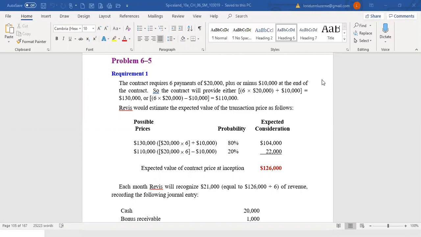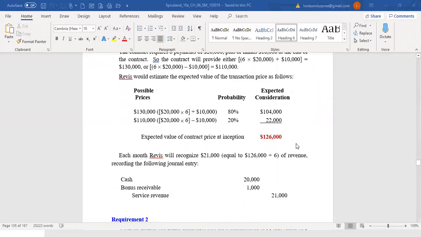So Revis would estimate the expected value of the transaction price as 80% of $130,000, which is $104,000, the expected consideration. The 20% chance of $110,000 would be $22,000. So the expected value of the contract price at inception is $126,000. So each month, Revis will recognize $21,000 of revenue, $126,000, the expected value, divided by 6 payments.